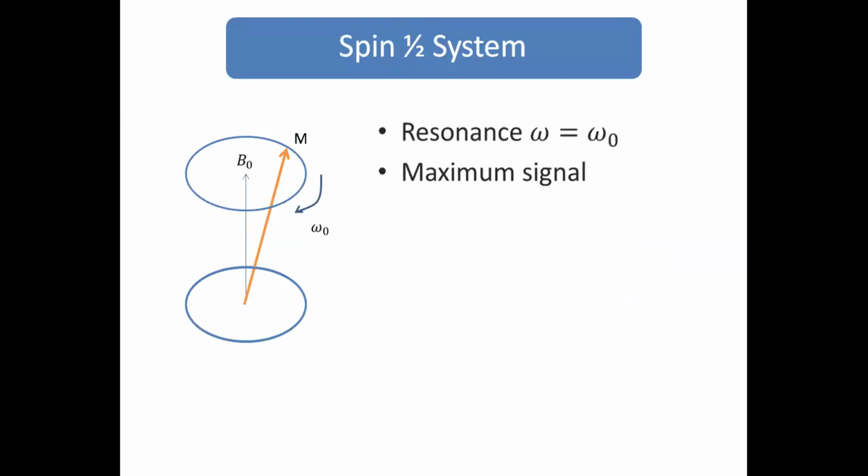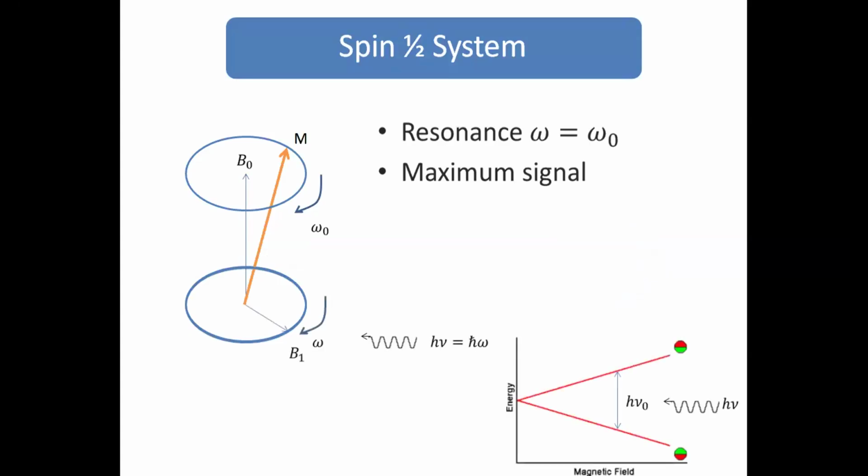Now, if you move to the next, we can get a maximum signal when our system is in equilibrium. When the resonance condition is met, omega and omega naught are equal, and we get a maximum signal from that system. I hope this is explanatory.